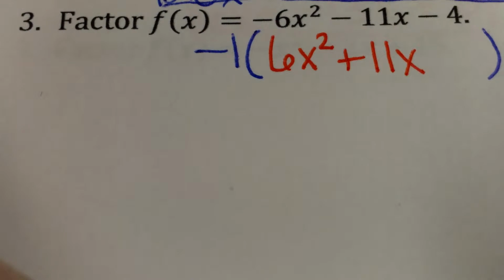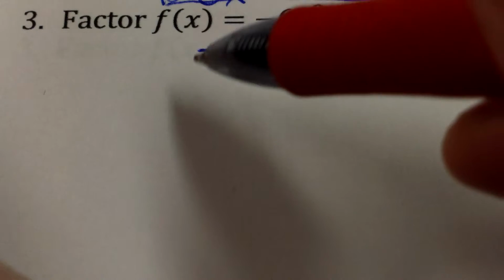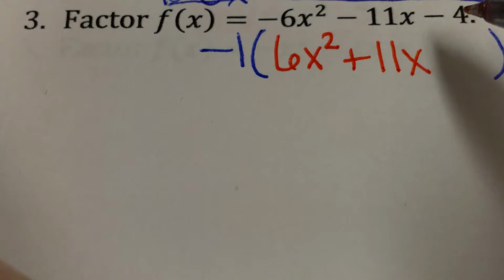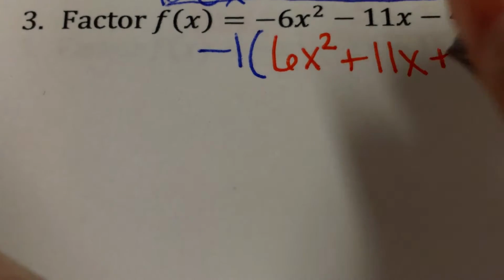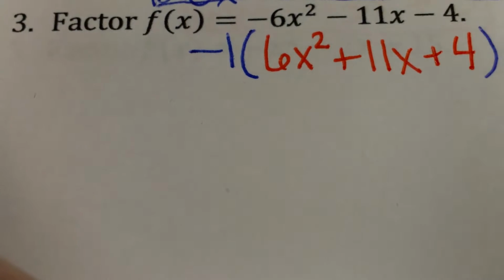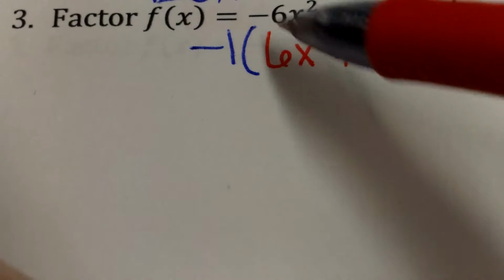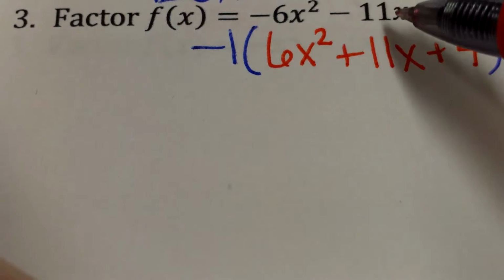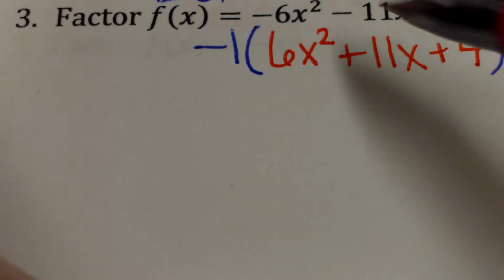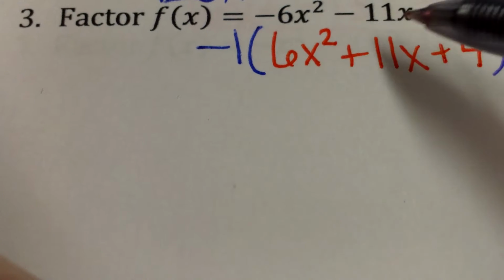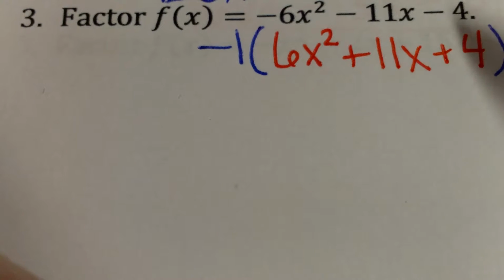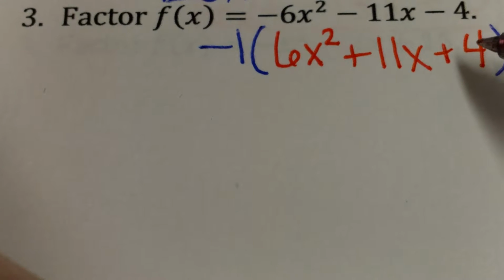Then we're going to do, for the 4, the same thing. -1 times what is going to give you -4? It's going to be positive 4. So to make things easier, whenever you factor out a negative, you just change the signs of each term. Do you see that? It went from -6 to +6, -11 to +11, -4 to +4.